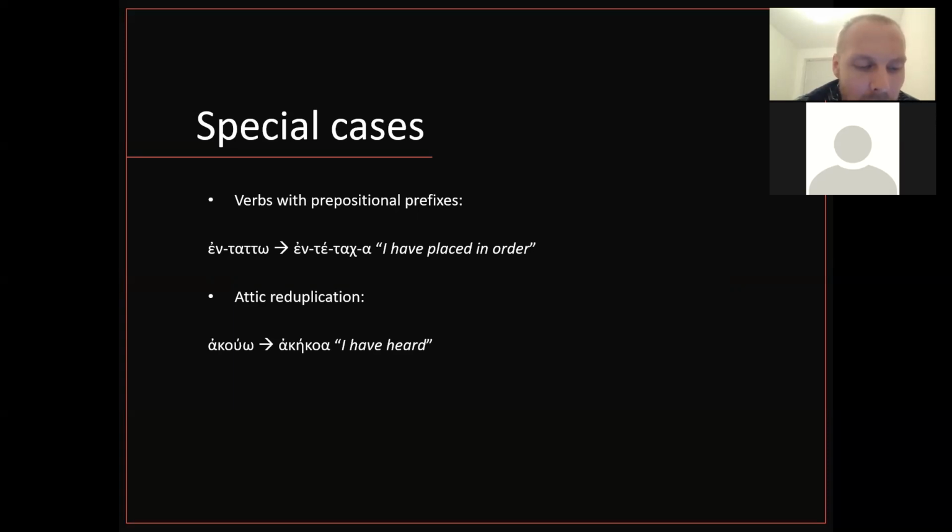So here, both the initial vowel and the following consonant in the verb stem are actually reduplicated. And the initial vowel in the original verb stem is then also lengthened. And as is customary in Attic Greek, this vowel turns into an eta when thus lengthened, since it's not preceded by an epsilon, an iota or a rho.